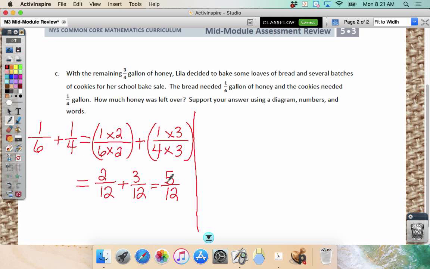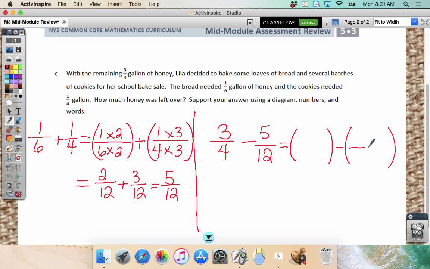Subtract. So how much did she have? 3/4. And we're subtracting whatever answer we got here. 5/12. This is option 2 for finding the denominator, but it's the easier one of the 2. You guys remember what to do?